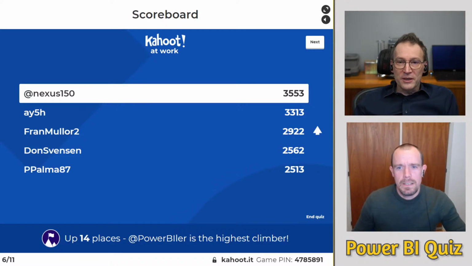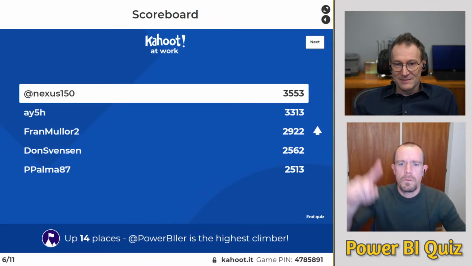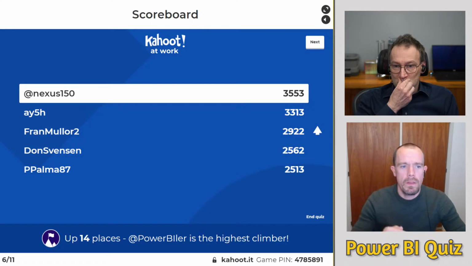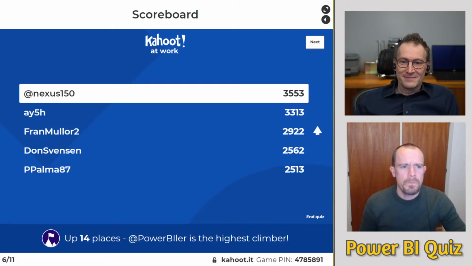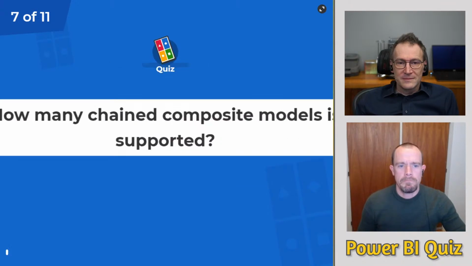How do you know whether they chose the correct one or not from here? Because they have the same amount of points as before. Yeah, but I saw that there was this little arrow, so that one was shifted up and the other ones stayed. And there were only two that could have a correct answer. Okay. So let's see. Next one.